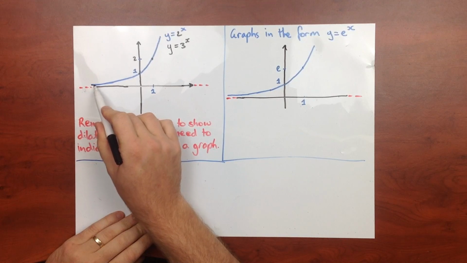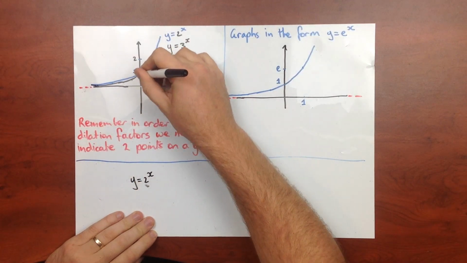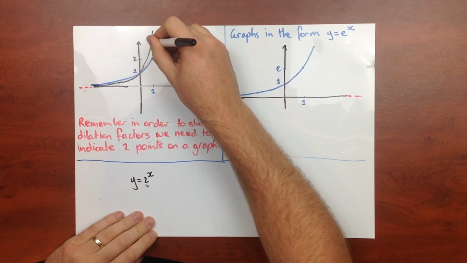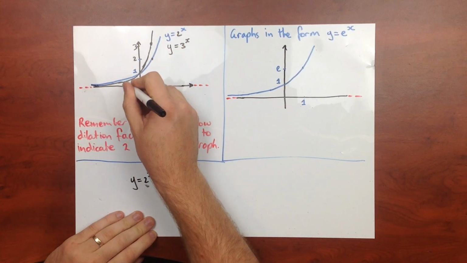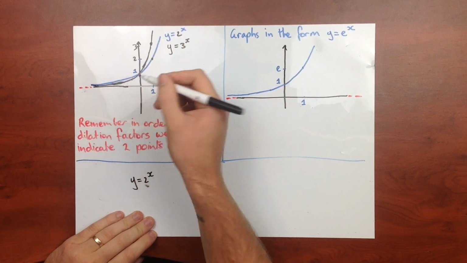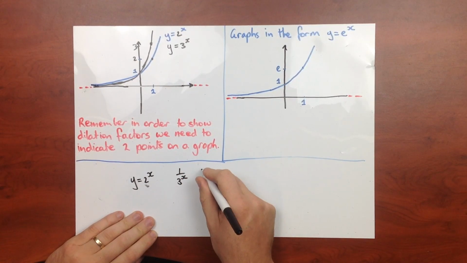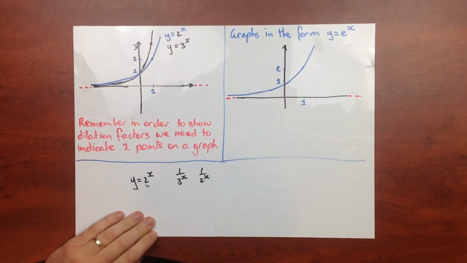It's going to come a bit lower and then come up faster, because we've got to go through the point (1, 3) now. But it will be below it over here, because 1 on 3 to the x is going to result in smaller values than 1 on 2 to the x. So we're going to drop down like that.